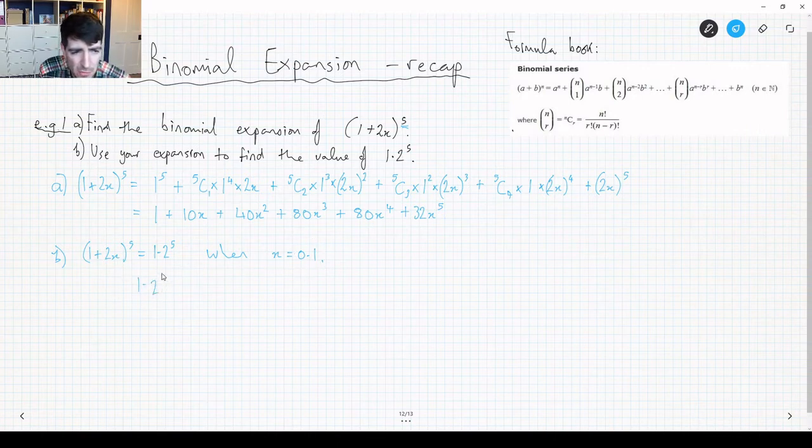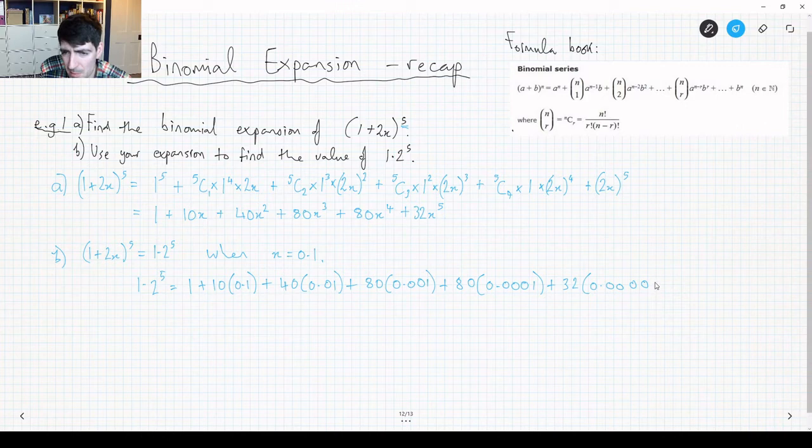So we know that 1.2^5 is going to be 1, add 10 times 0.1, add 40 times 0.01, add 80 times 0.001, add 80 times 0.0001, add 32 times 0.00001. So what's that going to be?